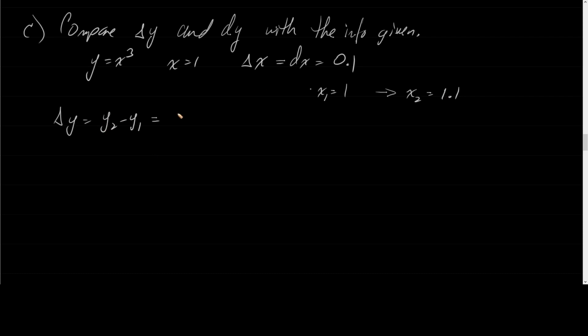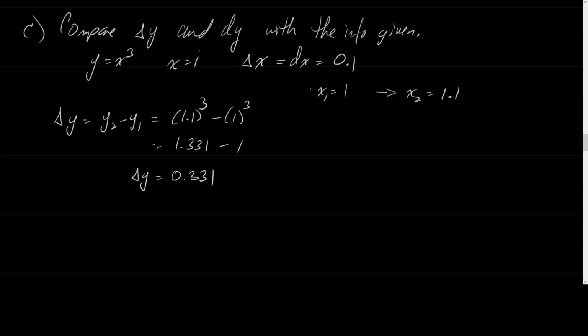So my y sub 2 is going to be 1.1 cubed, minus 1 cubed. 1.1 cubed is 1.331, 1 cubed is 1, so we end up with delta y being 0.331. That's how much the y values have changed from x being 1 to x being 1.1.